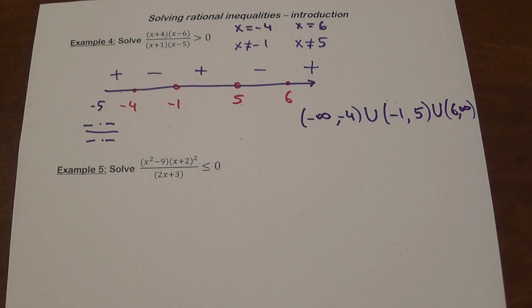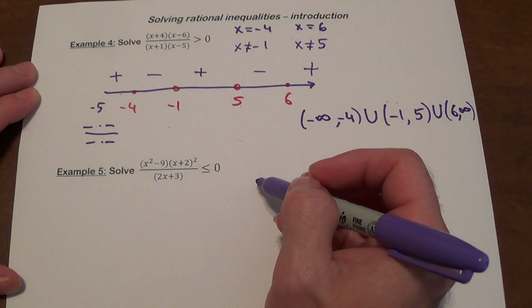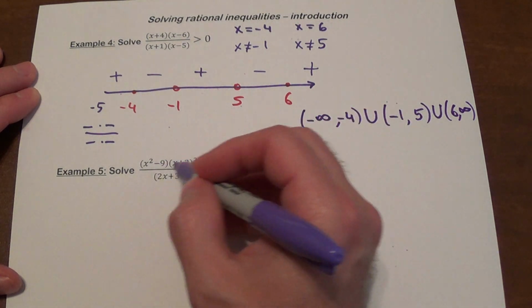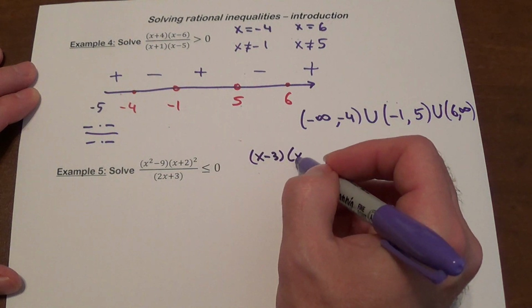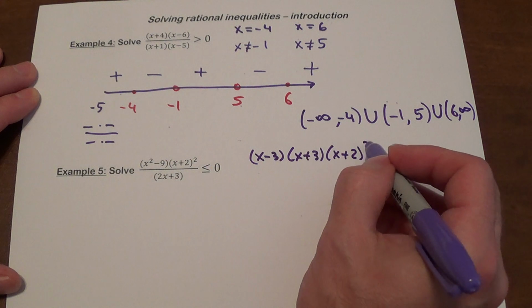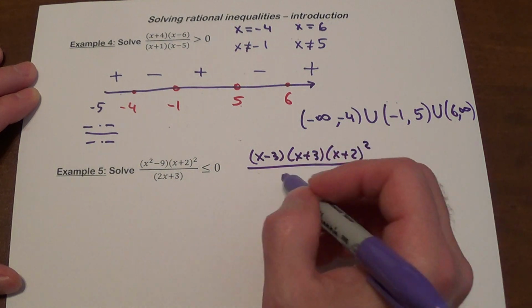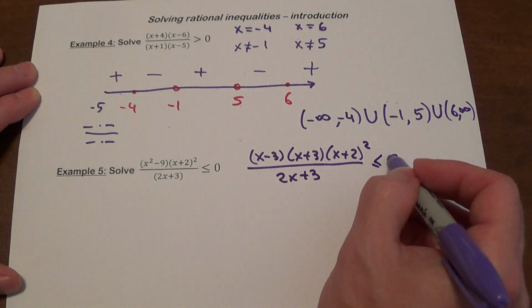So here, first of all, we have to do a little bit more factoring. It's not completely factored. X squared minus 9 can be factored as x minus 3 times x plus 3. And then everything else we are going to copy. This square is fine, and then 2x plus 3, and we still want it to be less than or equal to 0.